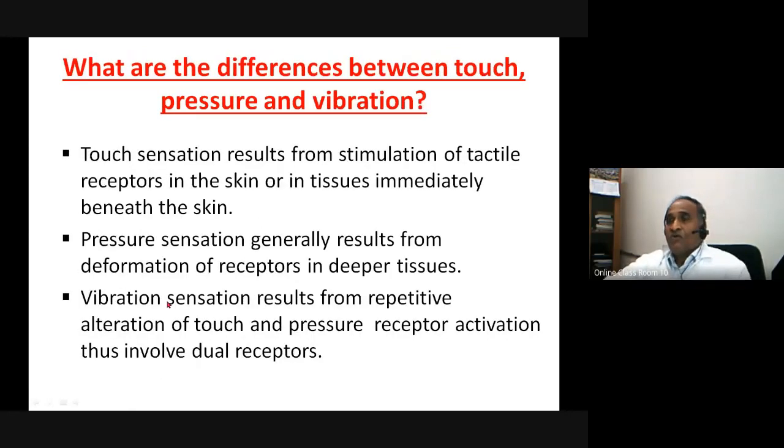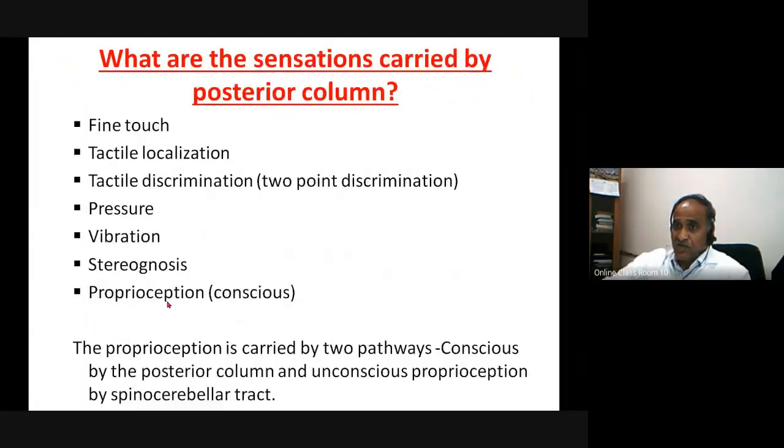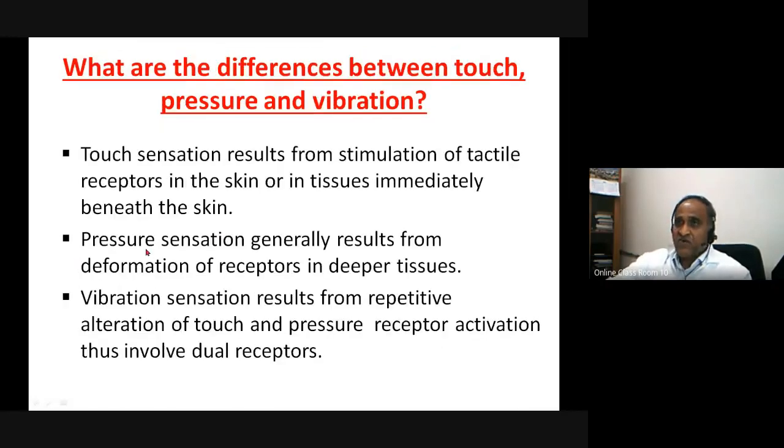Now, what are the differences between touch, pressure, and vibration? There are three sensations. This is one sensation, pressure is another sensation, and vibration is another sensation. Stereognosis is a composite or synthesized sensation. So what are the differences between each of them?